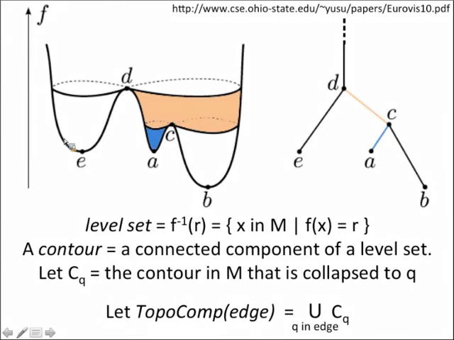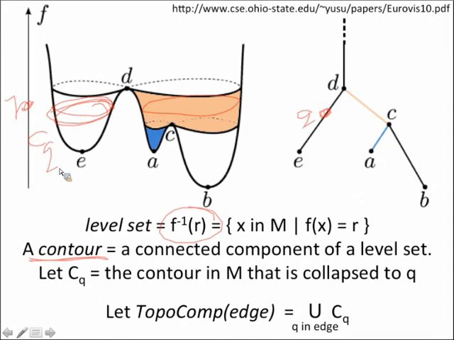Okay. So we've got our level sets. If I take a point here, I take its pre-image, and that gives me my level set, F inverse of R. A contour is if I take one of these, it will project to, say, a point Q, and so then C of Q is the connected component.